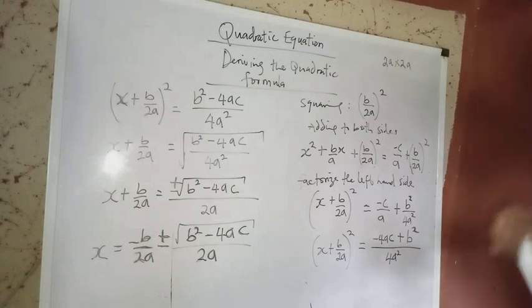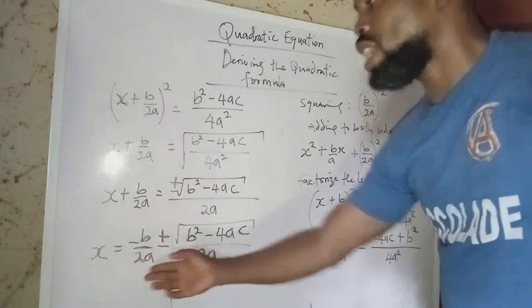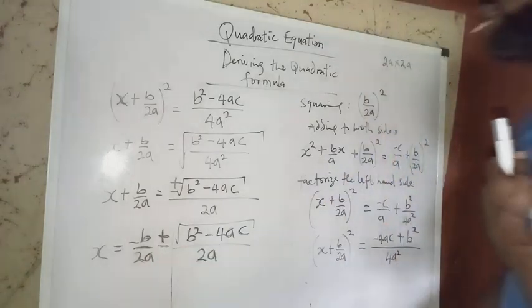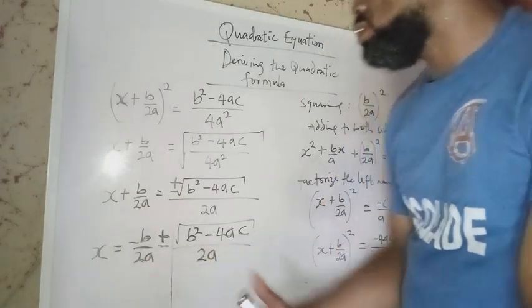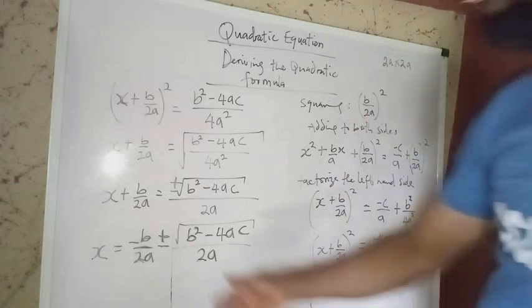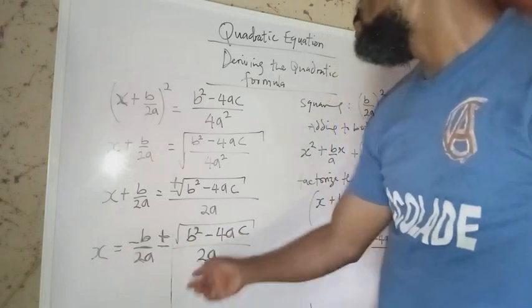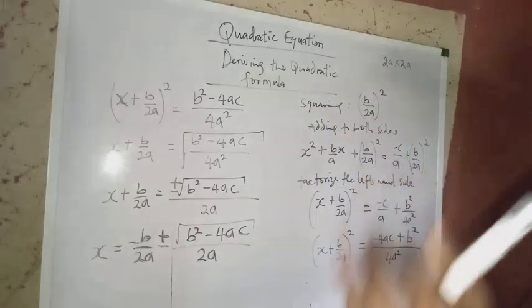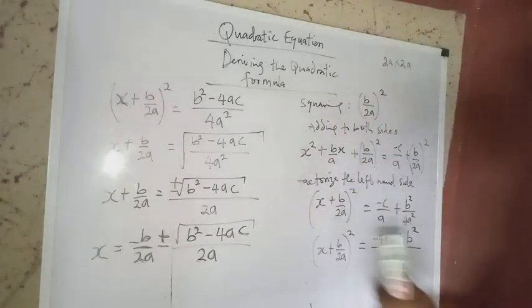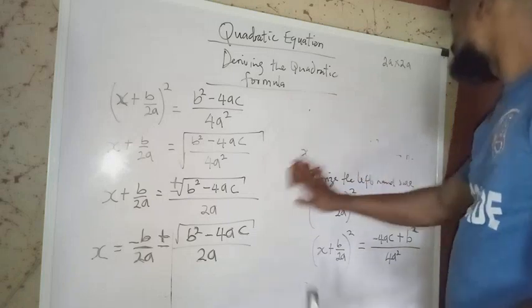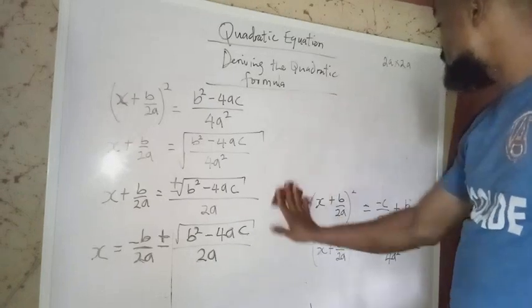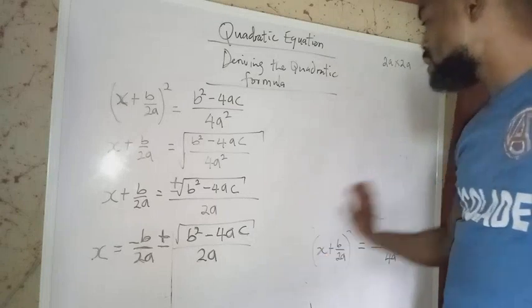So we've come to this point where we have two fractions again, right? In order for us to work with this, we have to make it a single fraction. We cannot always work with it like this, but for the purpose of neatness, we have to rearrange that. You can see that the denominators are the same.